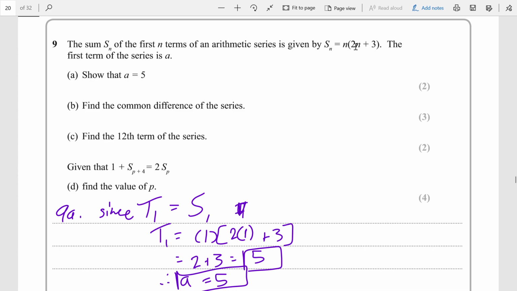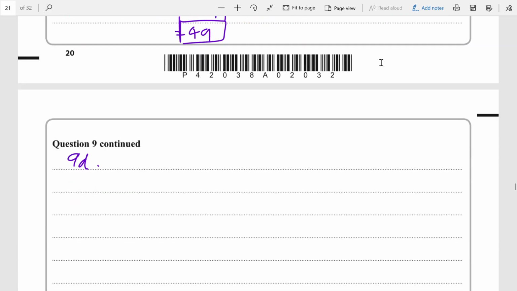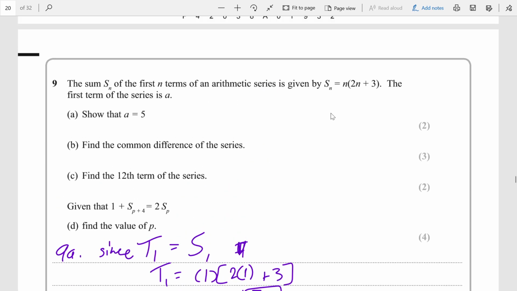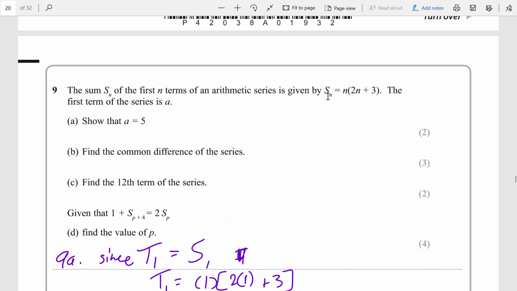Well, because we can just substitute n in for p, 2Sp is going to be 2p times (2p plus 3). Okay, so that'd be pretty easy. So substituting p in for n, 2 times the sum to p is going to be equal to 2 times p times (2p plus 3), because we're just substituting p into here and multiplying by 2, because 2Sn would be 2 times this, right?